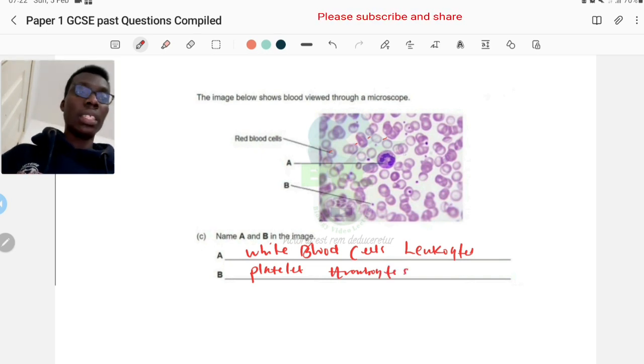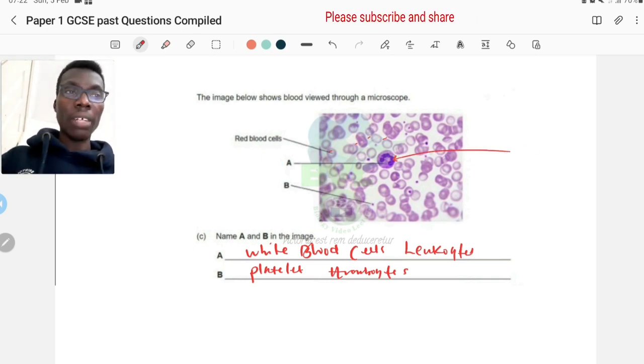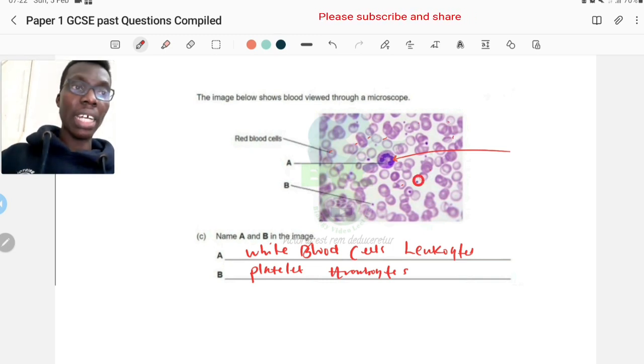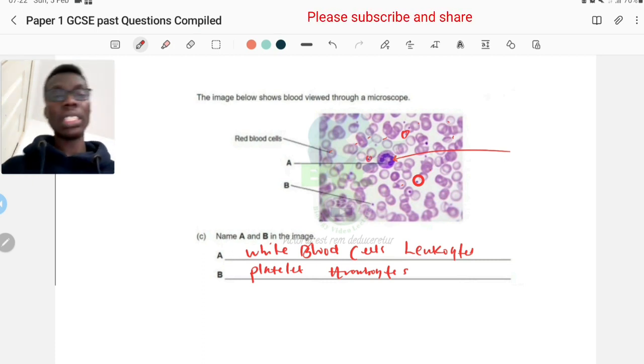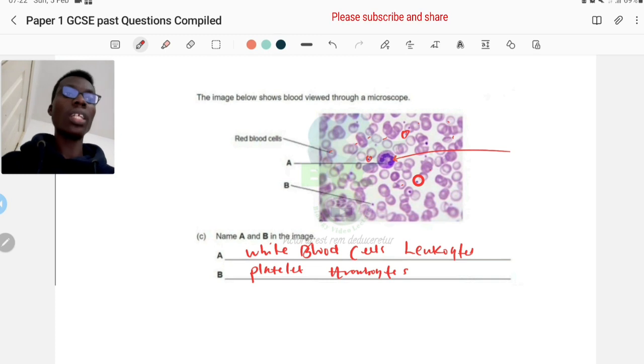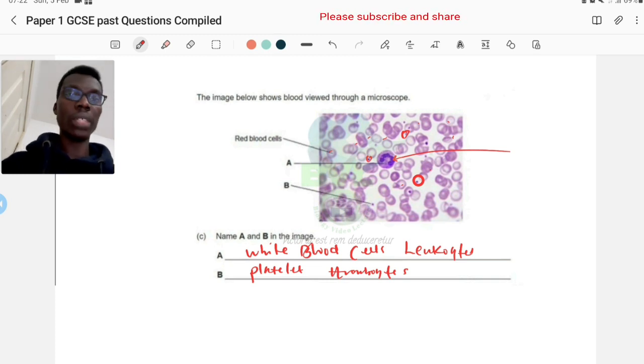How did I know? Because this has a lobed nucleus. Red blood cells don't have a nucleus, and these platelets are more like fragments. Once you see a cell that has an obvious nucleus, it is a white blood cell.